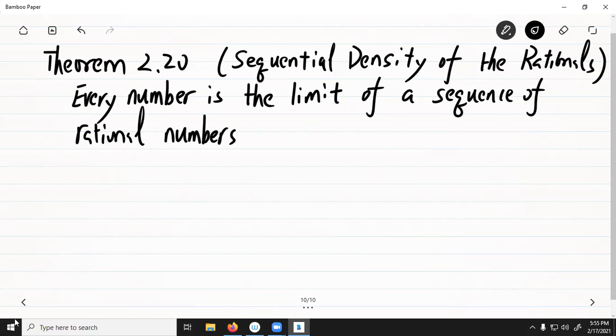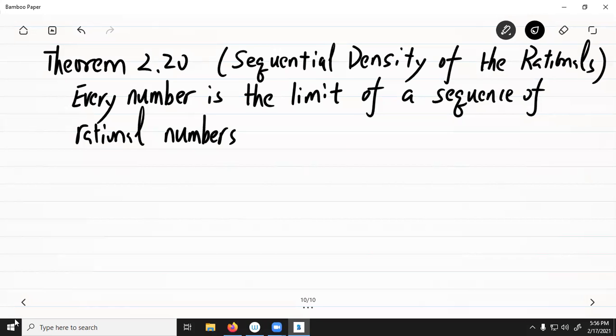This is a very straightforward result from the previous theorem. The previous theorem says a set is dense in R if and only if for any number in R, there is a sequence in the set convergent to it. Since this one is about the rationals, we know the set of rational numbers is dense in R. So for any number in R, we can always find a sequence of rationals whose limit is this number.